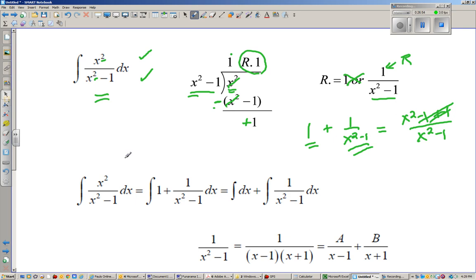So the point of all that is we want to take this guy and break it. And then we've got 2 integrals now, and the first one's quite doable, but this next one is now a little painful. So after the long division, we've got to go off to the side here and say, well, let's take that 1 over x squared minus 1 and factor that denominator.